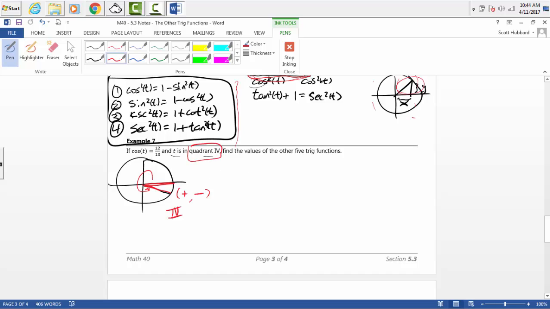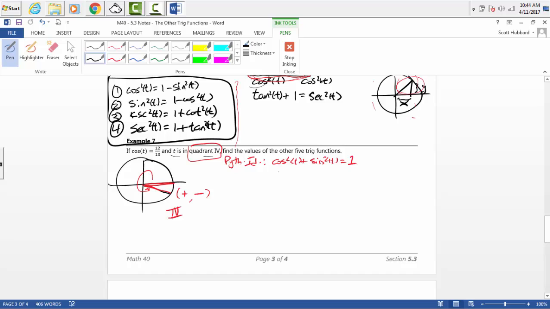And we can find the other values, because if cosine of t is that, I'm going to use the Pythagorean identity. Remember what that said: cosine squared of an angle plus sine squared of an angle is equal to 1. I know cosine of t, so I'm going to plug that in.